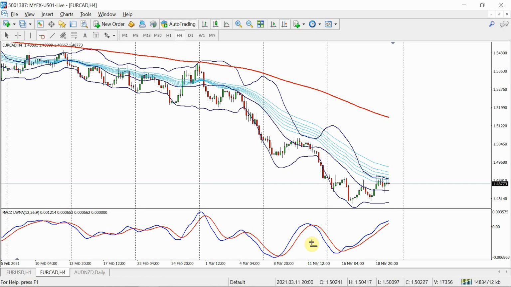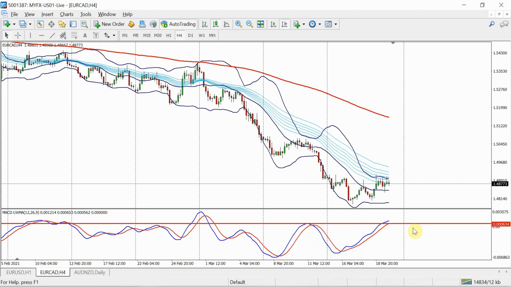If I put a line over here, you'll see the MACD is above this high. The bit I'm really interested in at the moment is whether the MACD then crosses downwards. Then we'll have confirmation of bearish hidden divergence, which is a signal that price will more than likely continue going short.